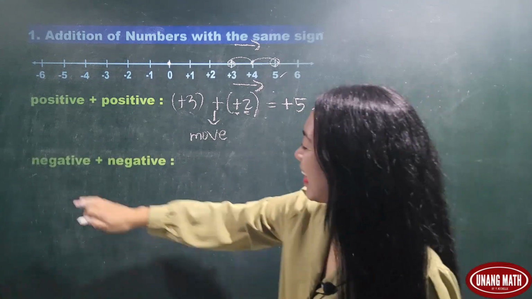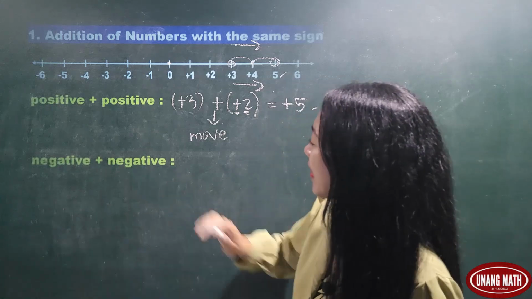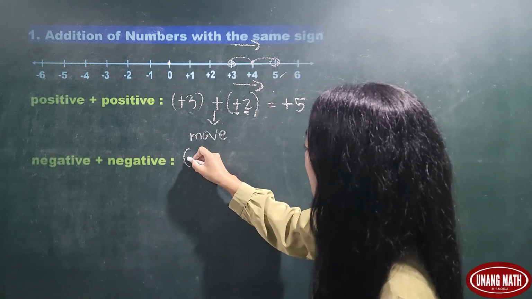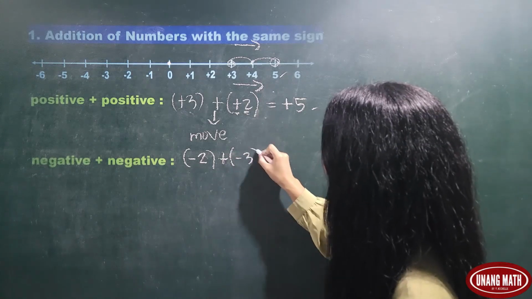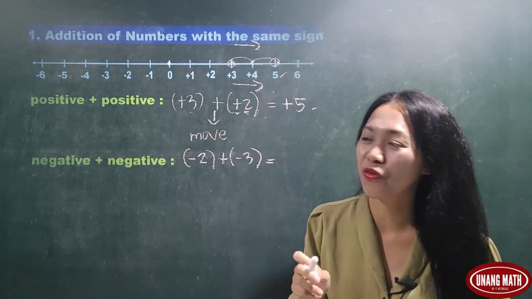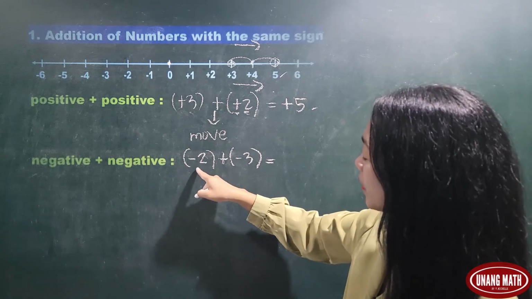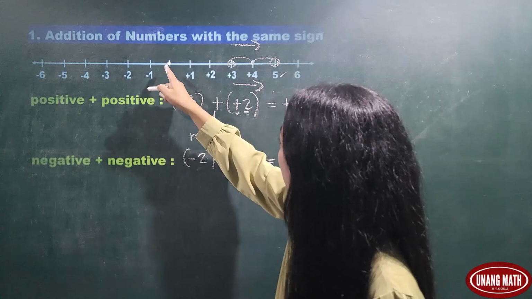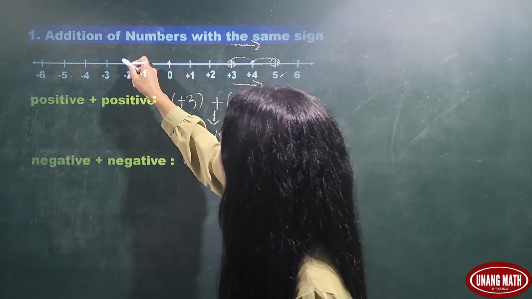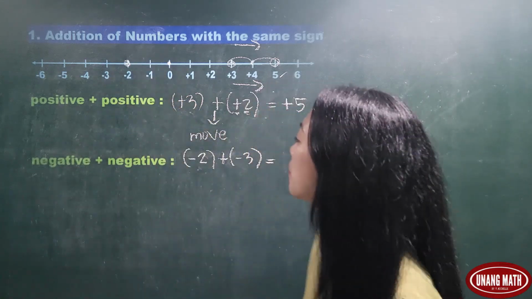Next, negative number plus negative number. Example, negative 2 plus negative 3. What will be the answer for this? Let's locate where negative 2 is on the number line. This is the origin. Negative 2 is this point.